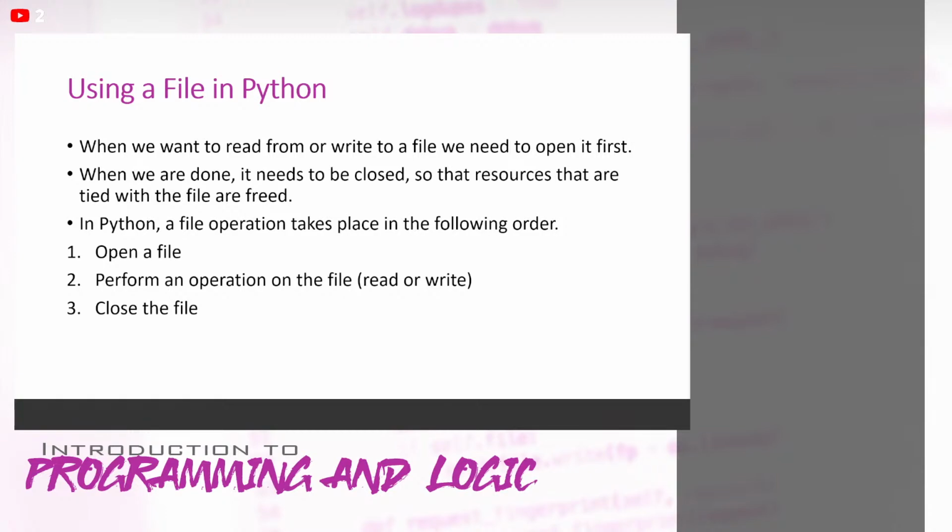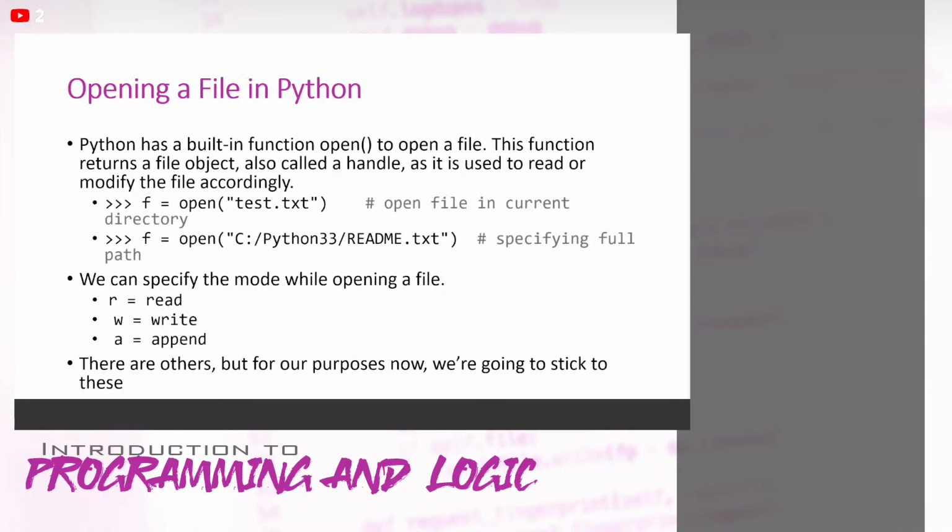So let's start off talking about opening a file in Python. It's pretty simple. Right, Python has a built-in function called open that's used to open a file. This function returns a file object, and we can use it to read or modify that file accordingly.